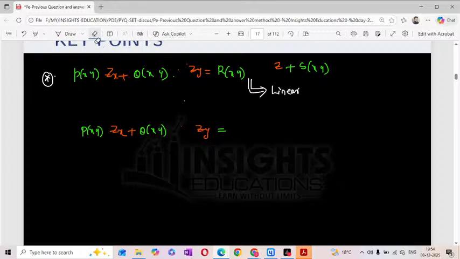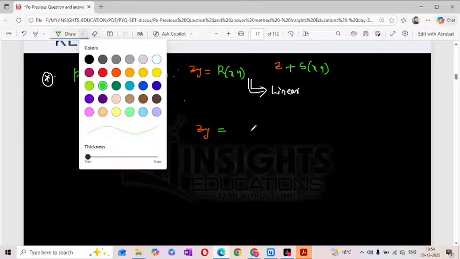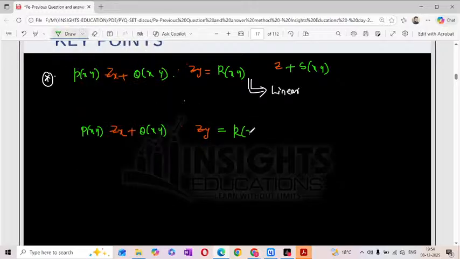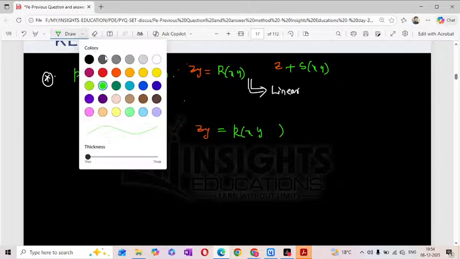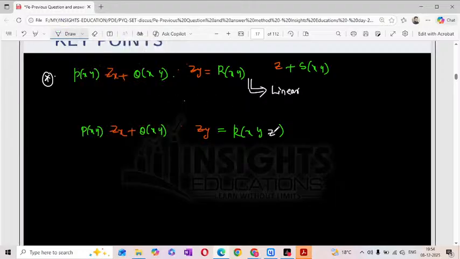Now right hand side, so function of x, y, but here I'm including z also. That means observe here the left hand side, it is linear, because zx, zy there is no product and the power is 1. But observe right hand side, here is the function of z.